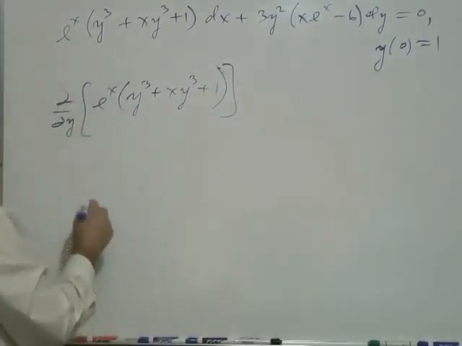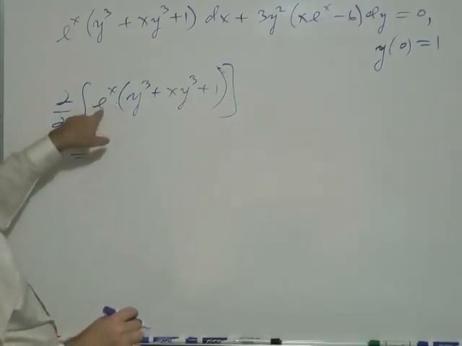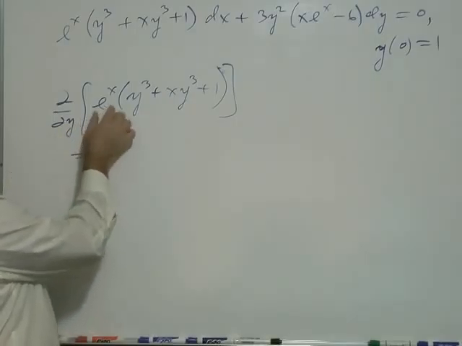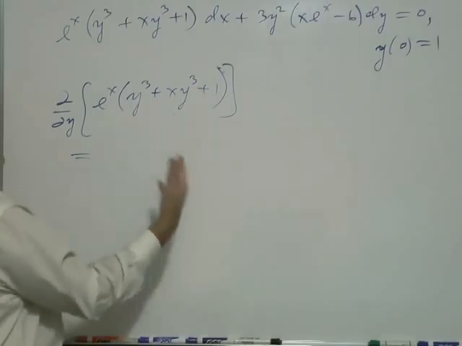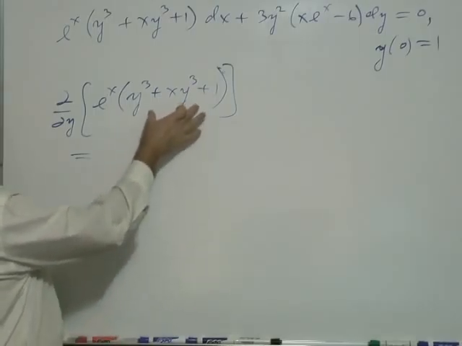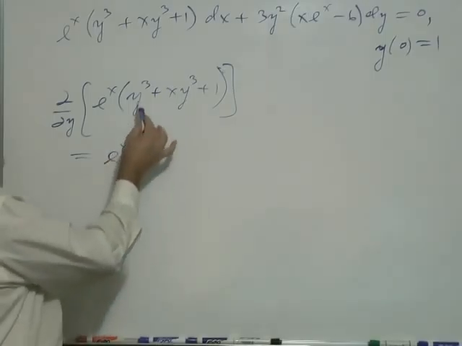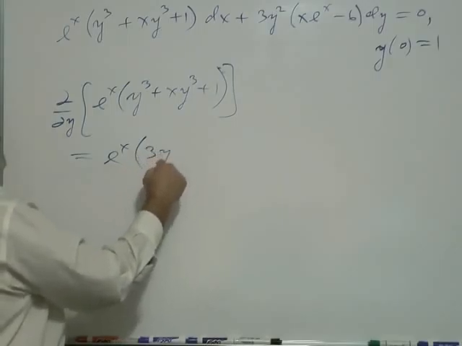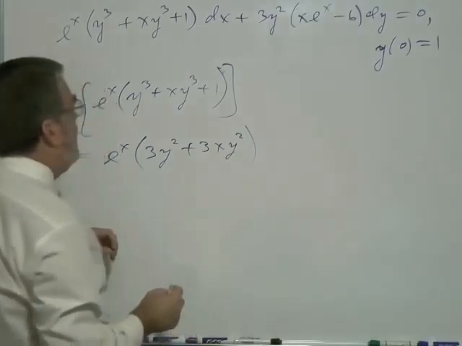We have a product rule here, but when we take the derivative with respect to y of e to the x, we get 0, so it's 0 times this function, which is 0, plus this derivative times e to the x. So I end up with just e to the x times this derivative, and that derivative is 3y squared plus 3xy squared plus 0.